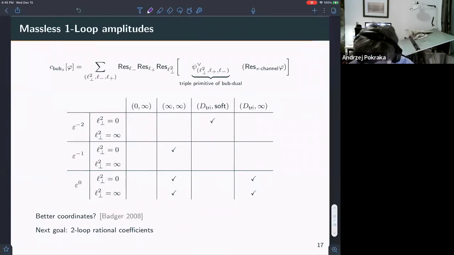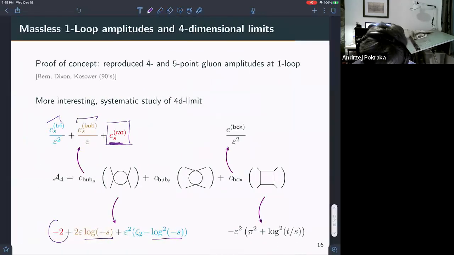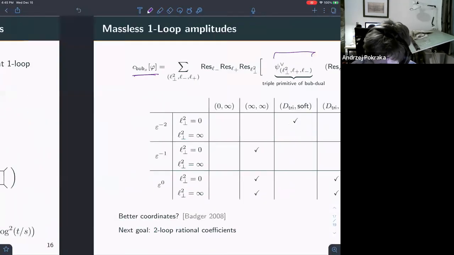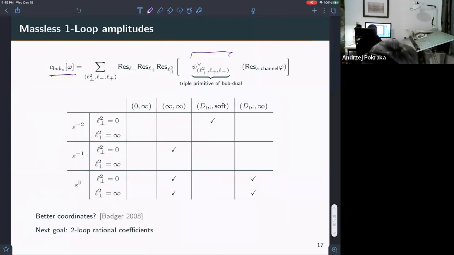So the way we do this is we look at the general expression for this S-channel bubble coefficient, and it's a threefold residue of some triple primitive times the S-channel residue of whatever finite integral we're looking at. If we want to get the most singular term, this triangle piece here, then there's only one contribution for that.